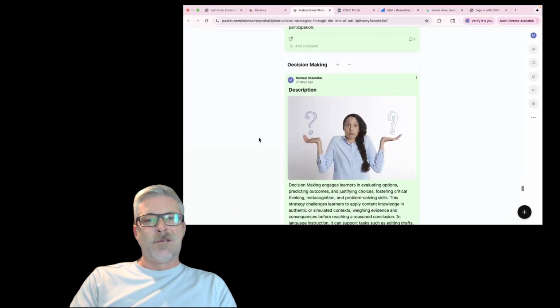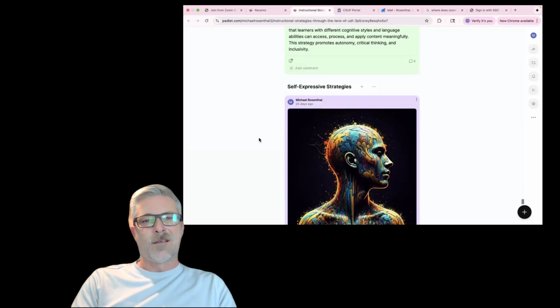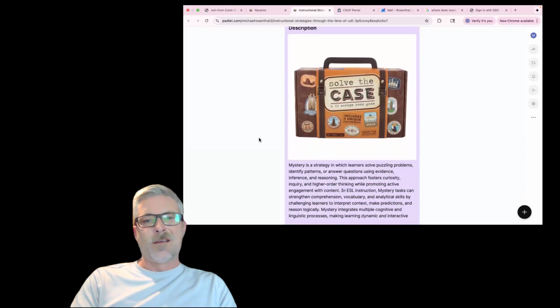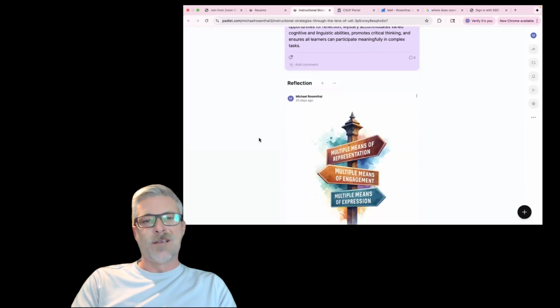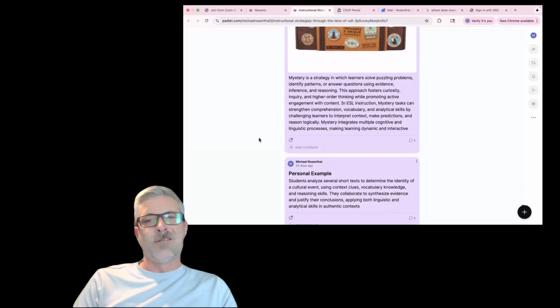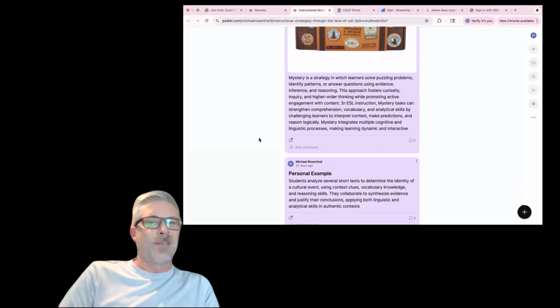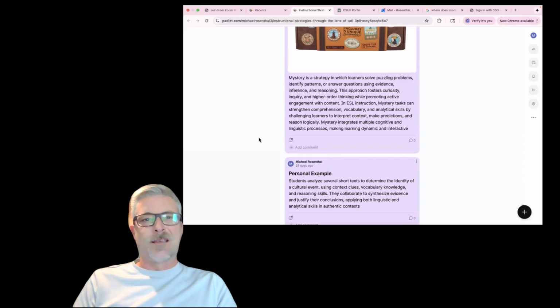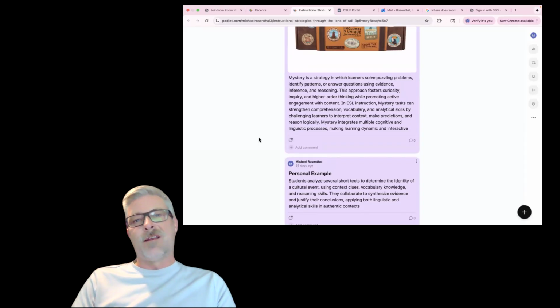Let's see, decision making. Let's see, the self-expressive category. We have mystery here. So yeah, I really like mystery, in which they learn to solve puzzle problems and identify patterns, which is really good in teaching writing or teaching literature and things like that, because literature and writing is full of patterns.